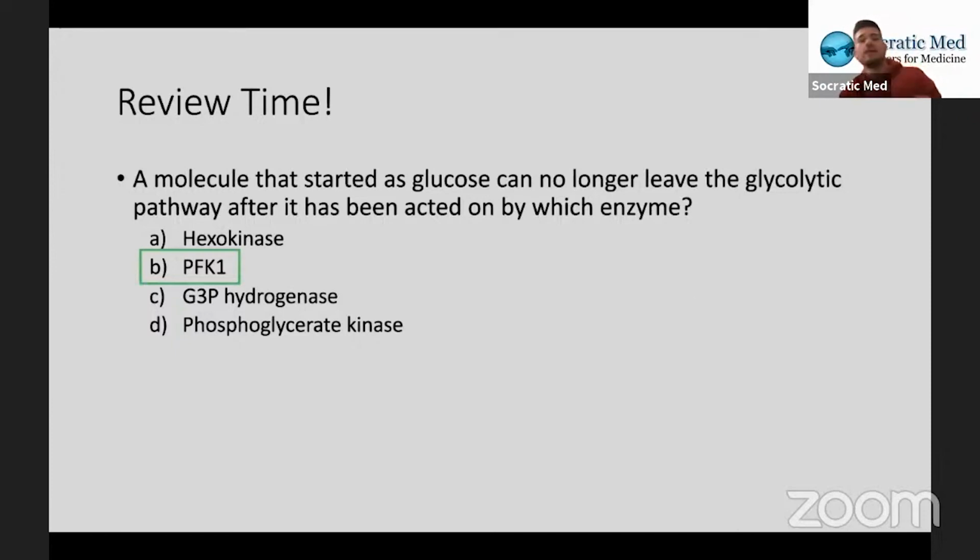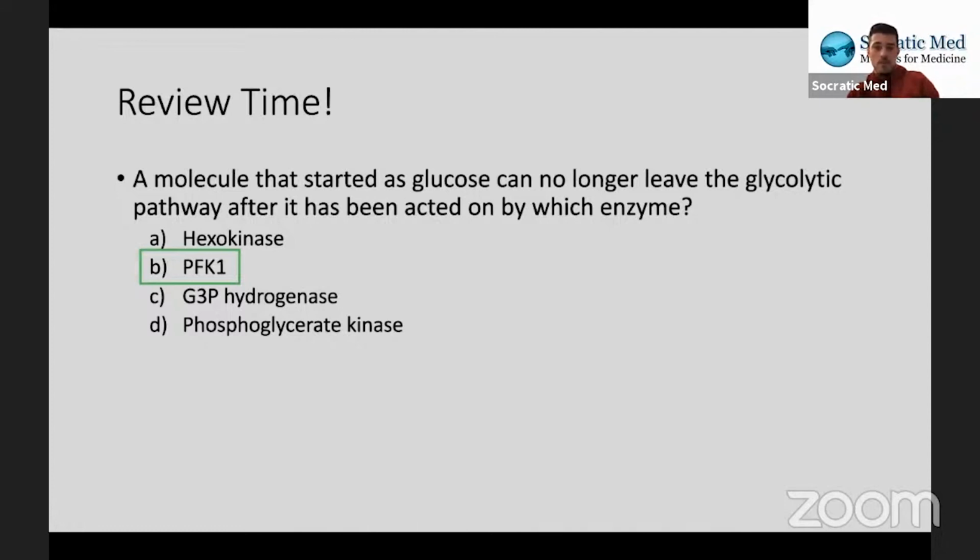So let's take a look at it. A molecule that started as glucose can no longer leave the glycolytic pathway after it has been acted on by which enzyme? So hexokinase, remember, acts on glucose in the first step. It is not the committed step. When it can no longer leave the glycolytic pathway, we're actually looking for the committed step. So G3P dehydrogenase and phosphoglycerate kinase are not the committed step.